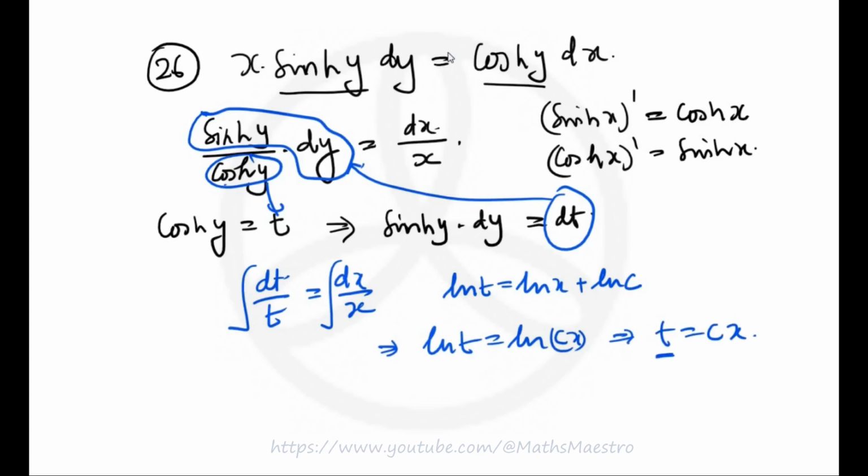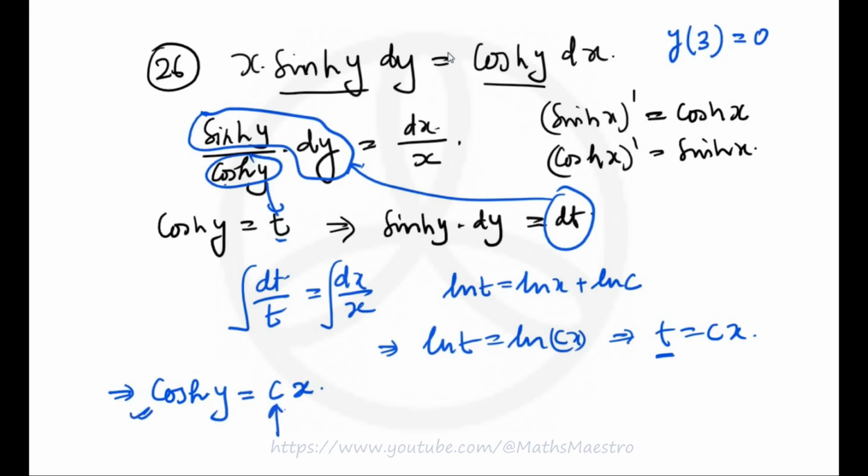Now we had assumed t is equal to cos hyperbolic y here, so we can resubstitute back and write cos hyperbolic y is equal to cx. And what is the initial condition? Initial condition is at x is equal to 3, the value of y is 0.